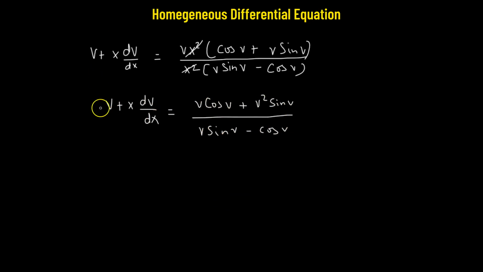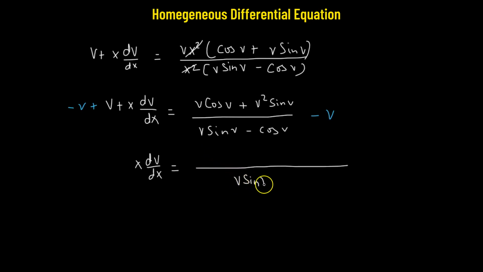Next we will subtract v from both sides and combine the two terms on the right hand side. So we have x times dv over dx equals, with v sine v minus cosine of v in the denominator, and in the numerator v times cosine of v plus v squared times sine v minus v times the denominator, that is v squared sine v plus v times cosine v.